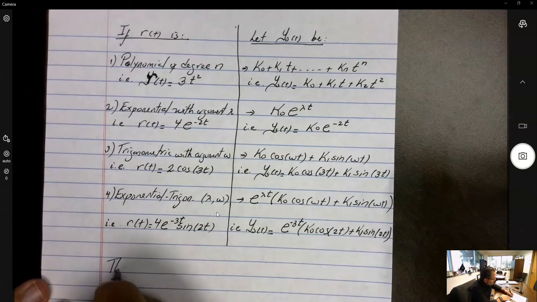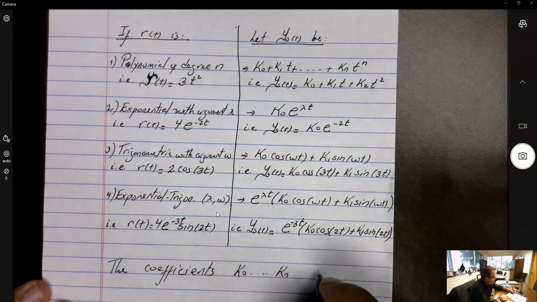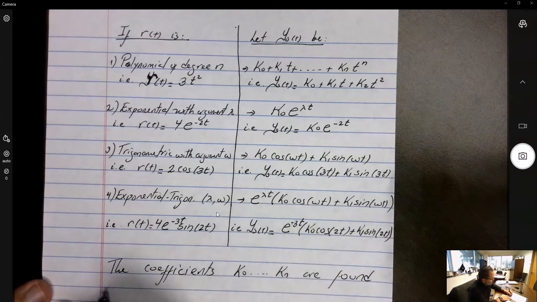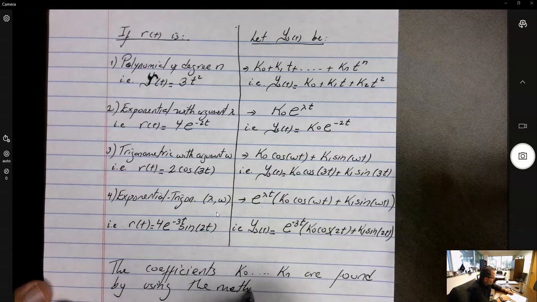So these coefficients, k0 through kn, are found by using the method of undetermined coefficients.